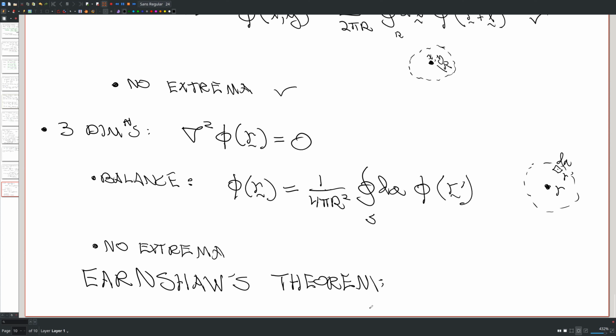Earnshaw's theorem is just a manifestation of this no extremum condition. It says that there does not exist an electrostatic potential giving a stable equilibrium.